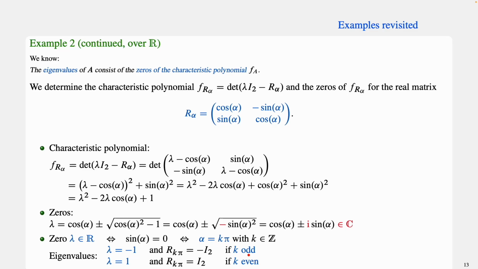If we have an odd multiple of pi, then we get lambda equal to minus 1, because in that case the sine vanishes and the cosine is negative. Or if we have an even multiple of pi as the rotation angle, then we get lambda equal to 1, because in that case the cosine is 1 and the sine again vanishes. So these are the two cases of a half rotation and a full rotation that we already saw before.